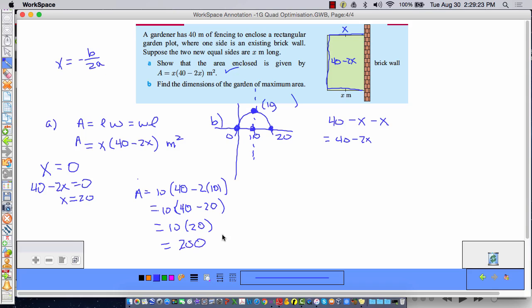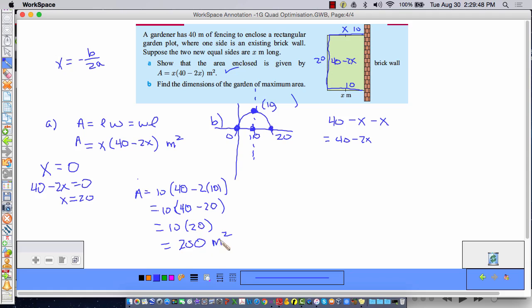So the maximum area is 200 square meters when x is equal to 10. In other words, when the width of the fence is equal to 10. So we would have 10 meters of fence here, 10 meters of fence here, and 20 meters of fence here. 40 minus 2 times 10 is 20.